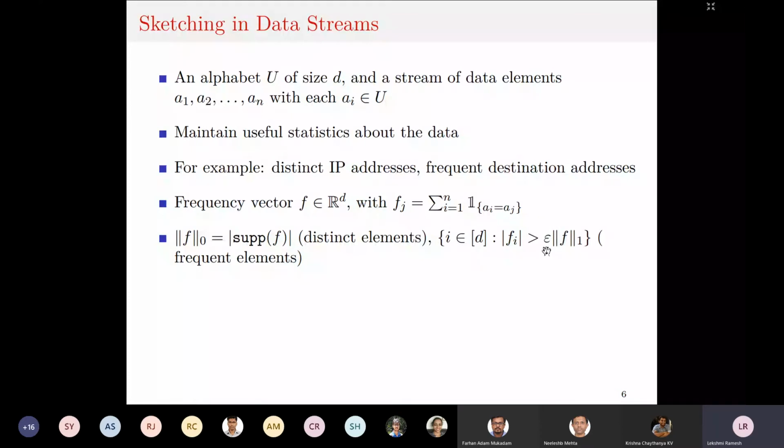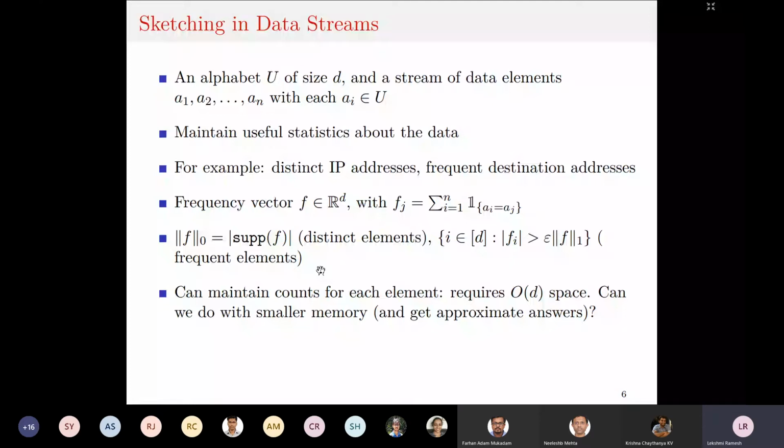One way to do this is to just maintain this frequency vector. It keeps this count for each of the elements, but it requires order D space. And the question is, can you do it with smaller memory and be okay with getting approximate answers? This has been studied in this literature on sketching in data streams, and the answer here is to do something similar to what we saw in the first example, which is to just take this sketch.